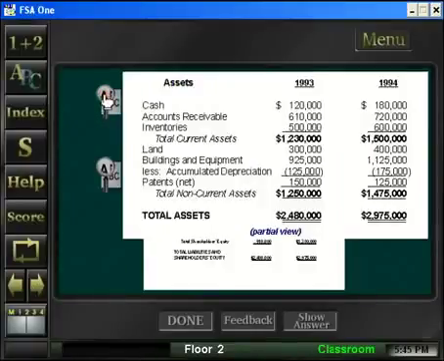Here are the 1993 and 1994 comparative balance sheets for Star Enterprises as of December 31, 1994. Use the magnifying glass on the left to enlarge the balance sheet so that you may study it.